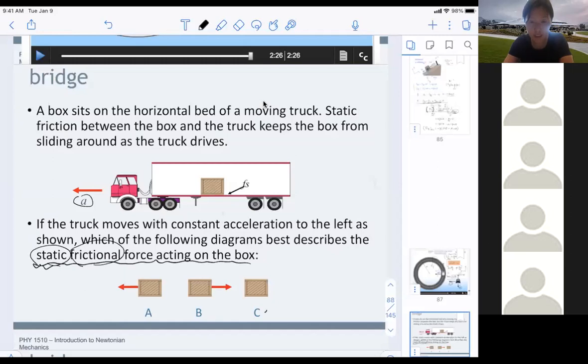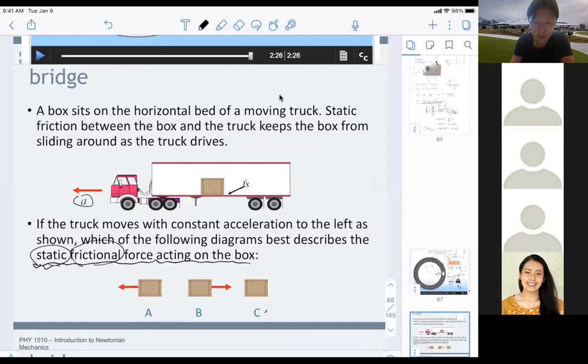Is it C? Is it B? Or, I don't know. So one possible reason for C might be, well, the box is at rest, so therefore, no friction. Someone might argue, the box is at rest, so there's no tendency for sliding away.